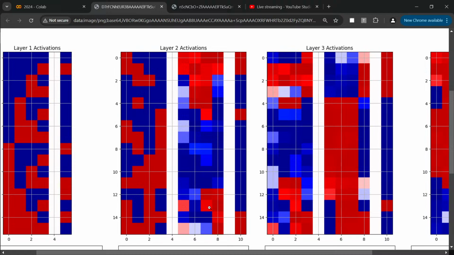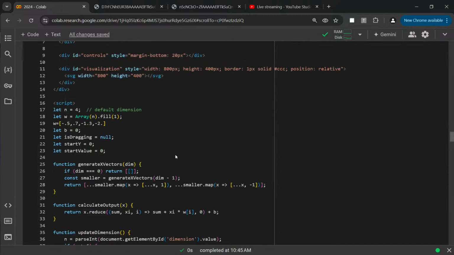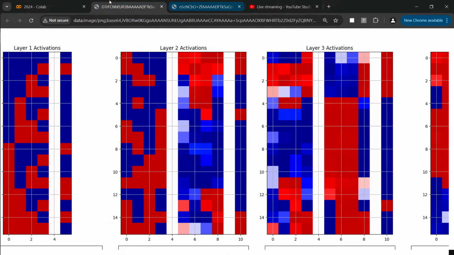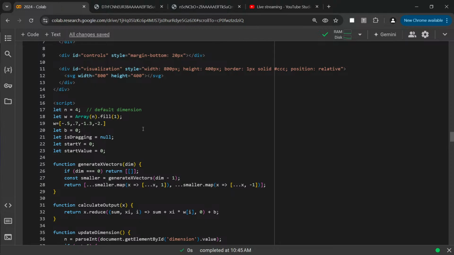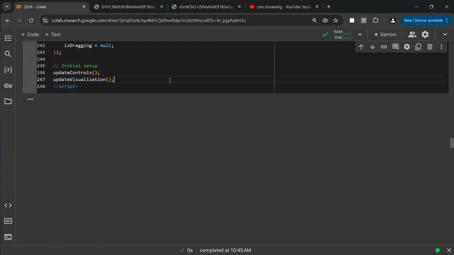Yeah, so we can also visualize that on my visualization, which is maybe right here. What are those weights? 0.5, 0.7, negative 1, 0.5, okay. Yeah, so this visualizes that.